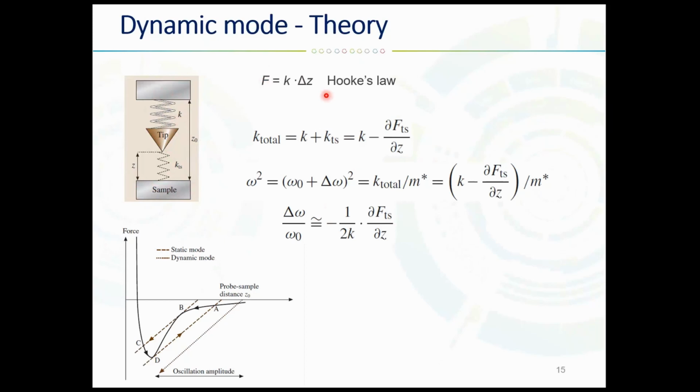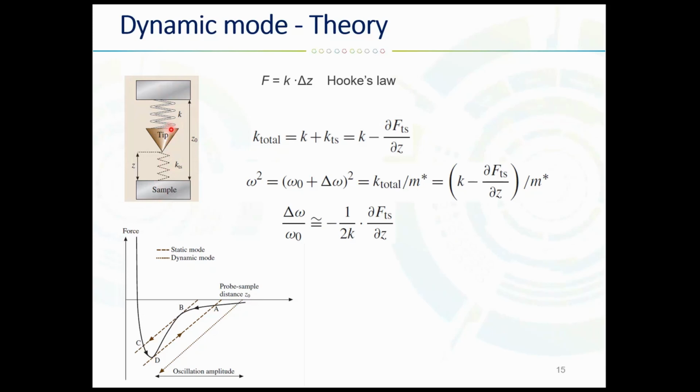Okay, so we are interested in these two springs, and they are coupled in parallel, since the sample and tip are both rigidly connected to a certain value Z0. So this is constant, and what is changing is the tip position.